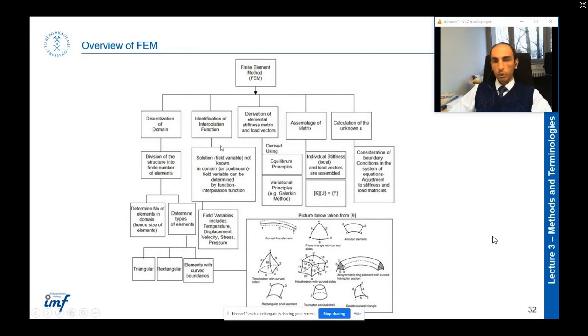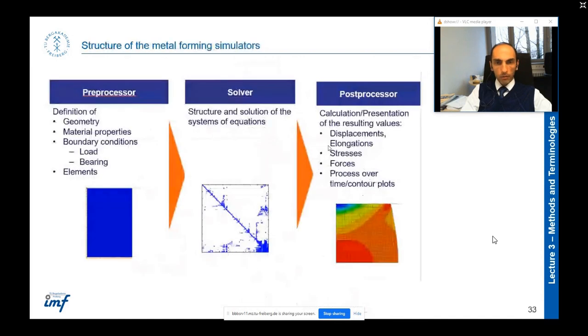If you want to know what branches and what tools are used, and what the application of each mathematical tool in FEM is, because FEM is a complex of different mathematical methods and tools. Fortunately, as a user, you have limited tools when you open a software. You're not dealing with those equations, but you have the preprocessor.